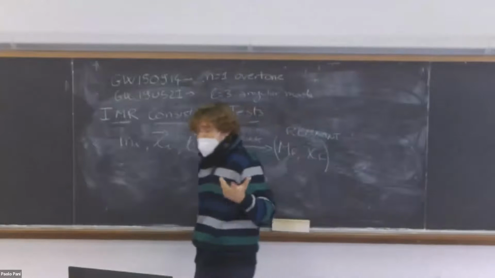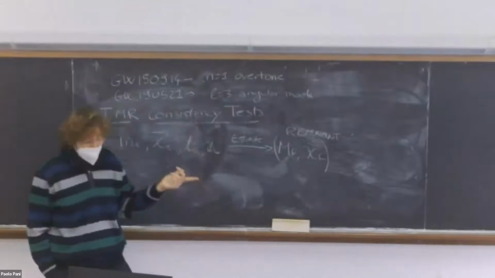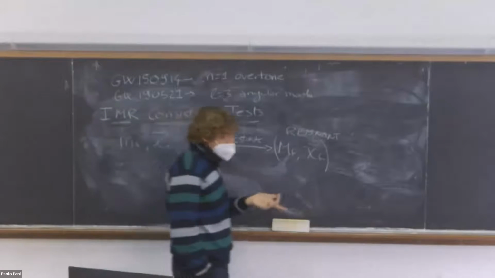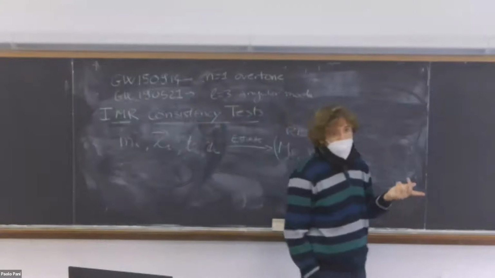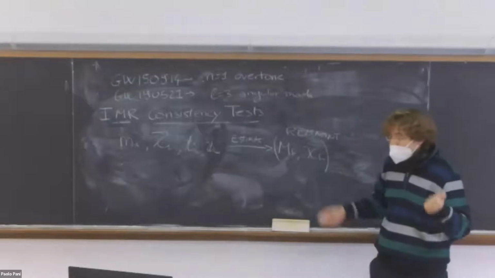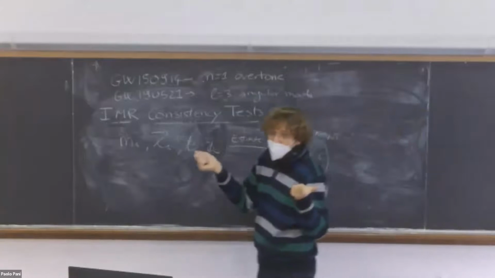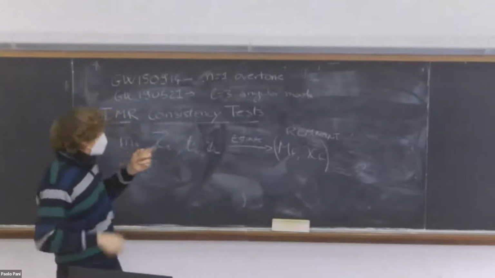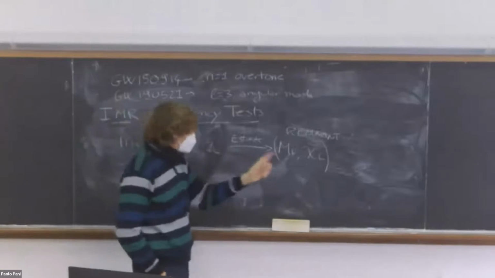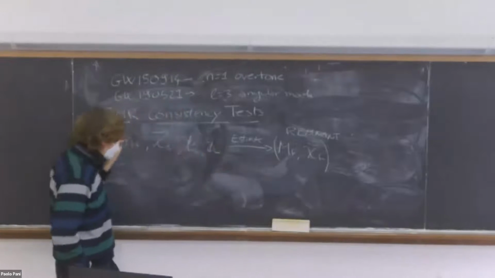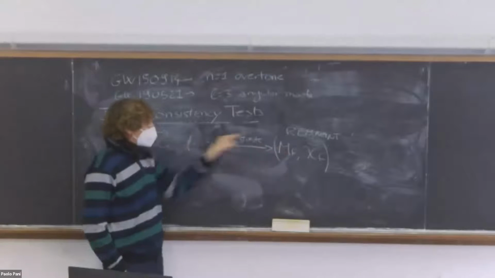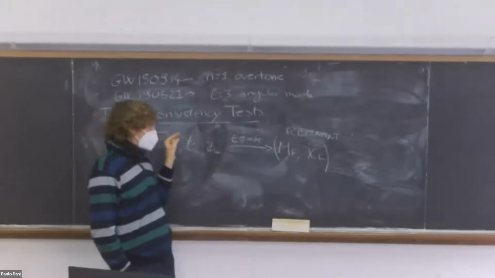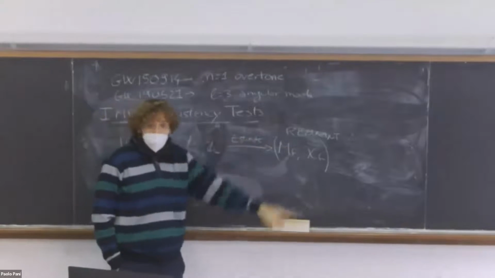Of course, this assumes that the binary is made of two black holes in GR. So if it is made of two black holes in GR, and if I know the binary parameters, say with infinite precision, I know exactly the final mass and final spin. There is a, not a one-to-one, but for sure a unique correspondence in this direction.